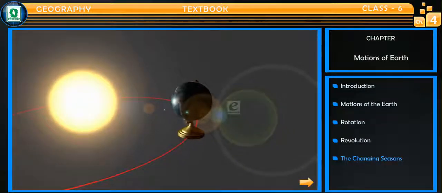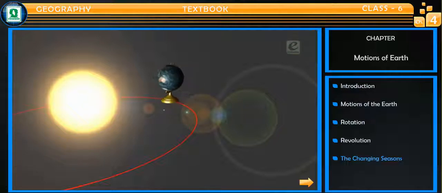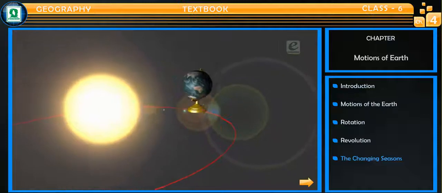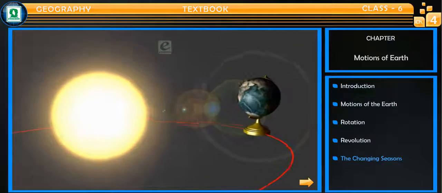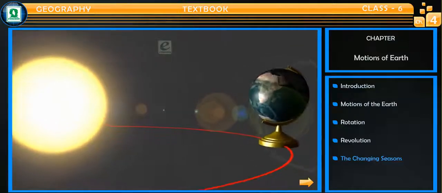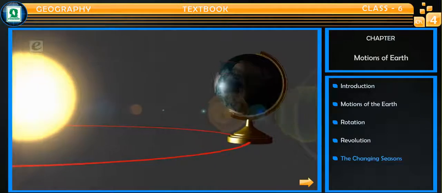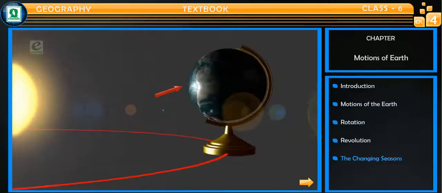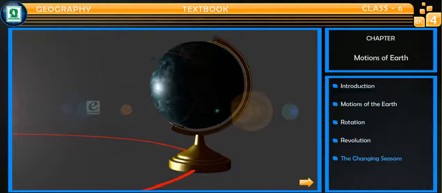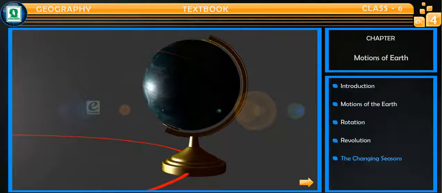As it revolves further, the North Pole moves away from the Sun and the South Pole comes closer due to the tilt. And on 22nd December, the South Pole is inclined towards the Sun and the North Pole is away from it. The overhead Sun is on the Tropic of Capricorn, so the days are shorter and nights are longer in the Northern Hemisphere. And the opposite to it, the days are longer and the nights are shorter in the Southern Hemisphere.